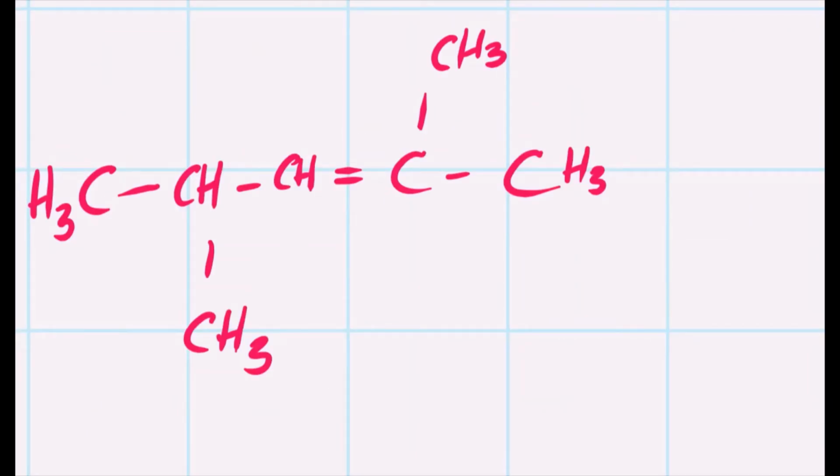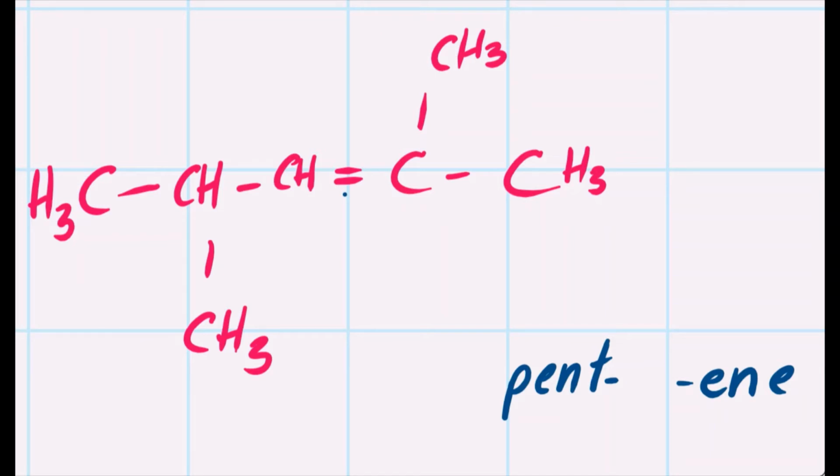In this molecule we have 5 carbons, so we know it's going to be pent something. There's a double bond here, so we know that our suffix is going to be -ene. Remember, our alkenes are more important than our alkanes.